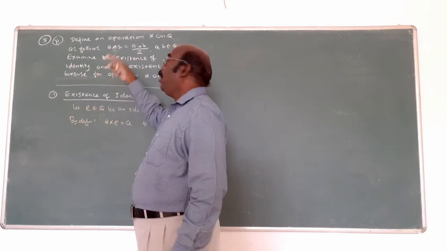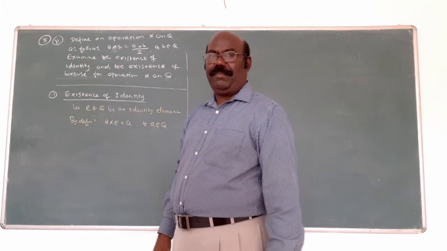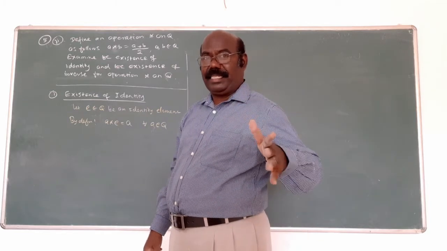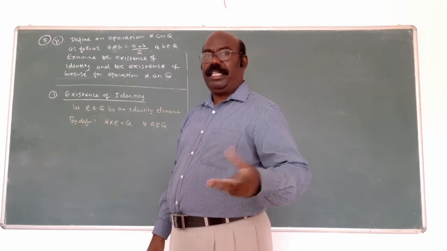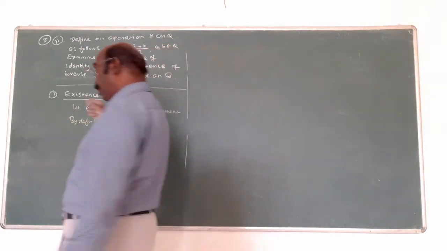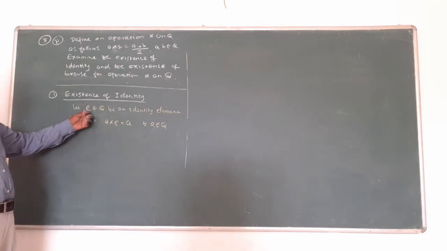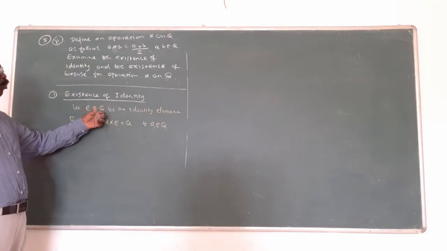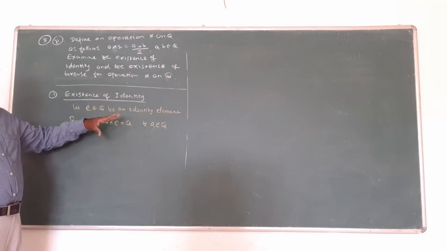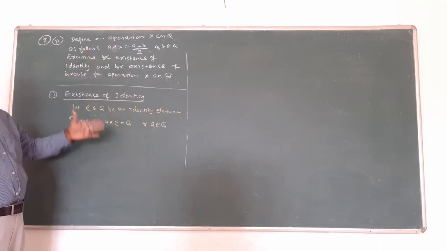That's why, by using this concept, you will find the value of e. In multiplication and addition the numbers are easy for you to guess. But here, by the guessing method, you will find e. Our assumption is that e belongs to Q; by using the definition, you will find the value.